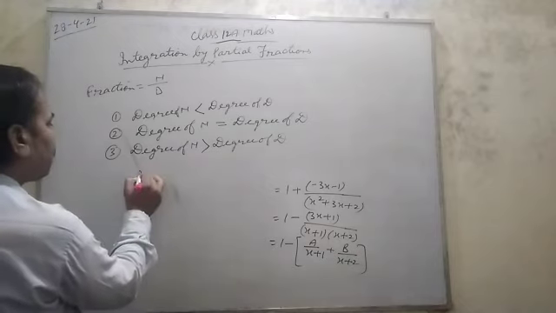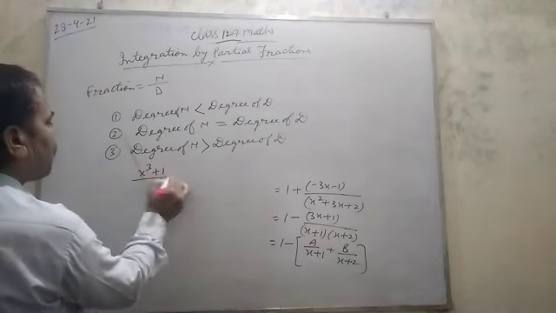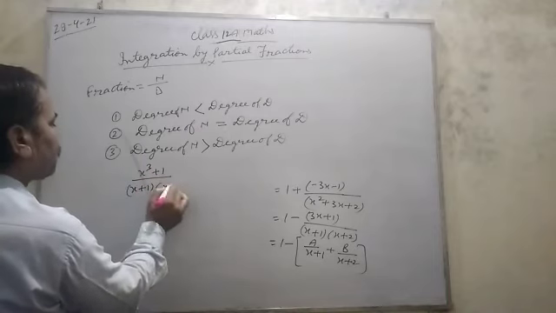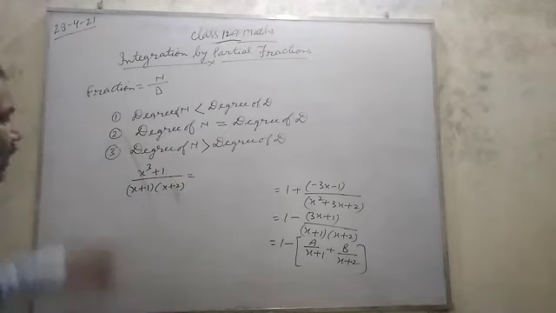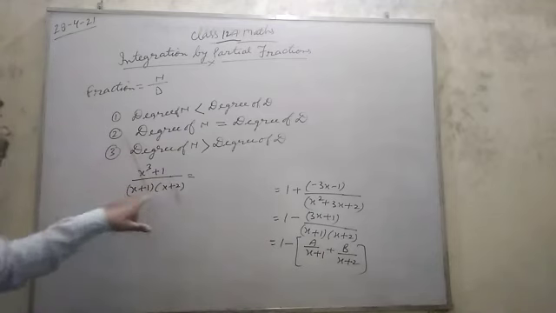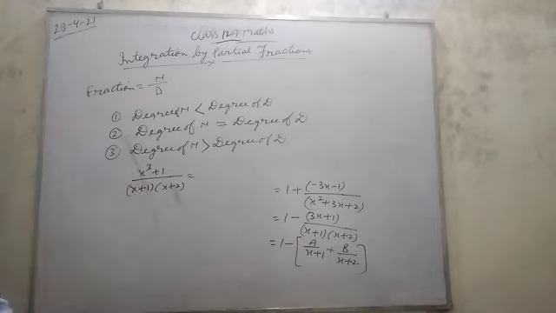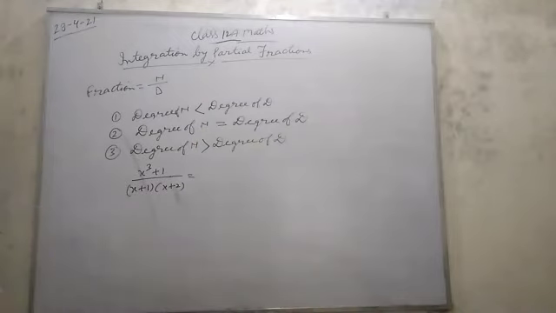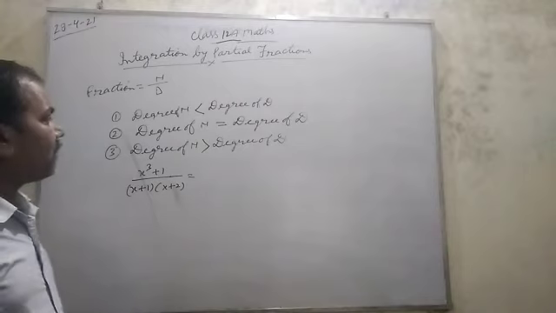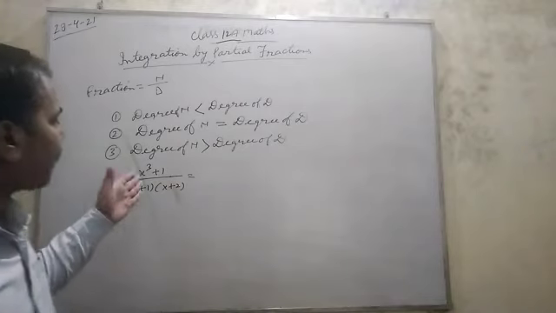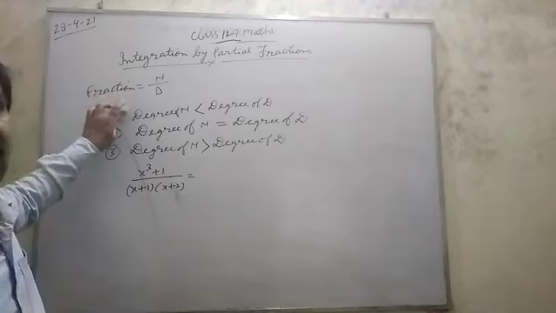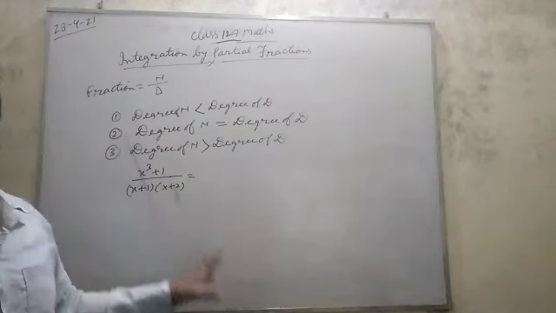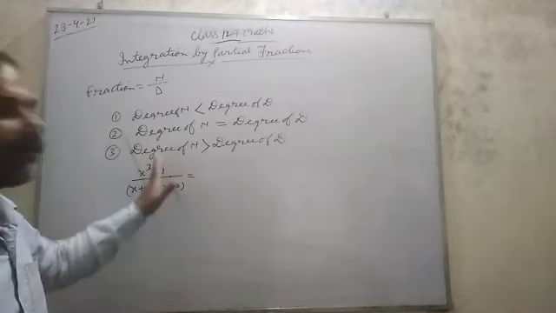Suppose x cube plus 1 upon (x plus 1)(x plus 2) is given. Here the degree of the numerator is 3 and the degree of the denominator is 2, so 3 is greater than 2. So again divide it. If the degree of the numerator is greater than or equal to the degree of the denominator, first we convert it into the first form, that is, degree of numerator less than degree of denominator, and that is possible by dividing.